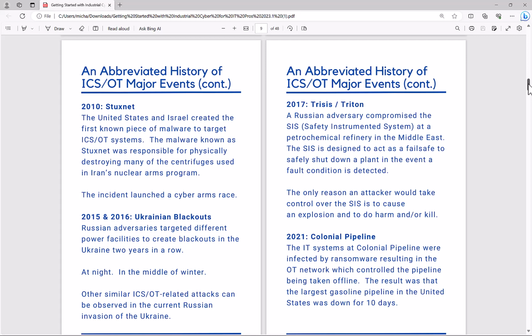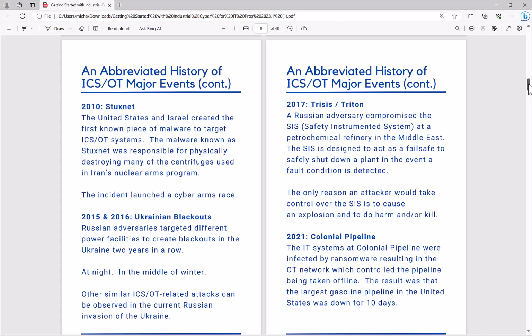So Trisis or Triton was also probably the most significant incident in a lot of respects, where we saw the Russians, again, target a petrochemical facility in the Middle East. And what they had done was they were able to compromise the SIS, the safety instrumented system. That's the fail-safe backup for an industrial environment.